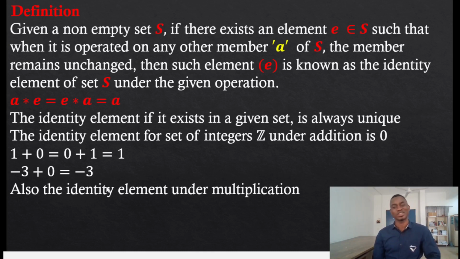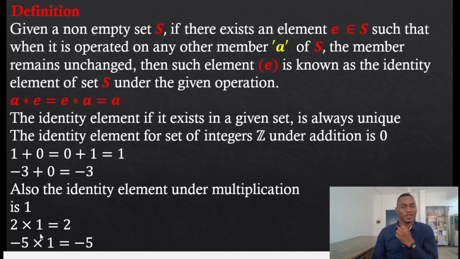Let us proceed. Also, the identity element under multiplication is 1. Let's see why. 2 times 1 is 2. Minus 5 times 1 is equal to what? Minus 5. Still in the set of integers, it is also true for the set of real numbers, set of natural numbers, or even a defined set.